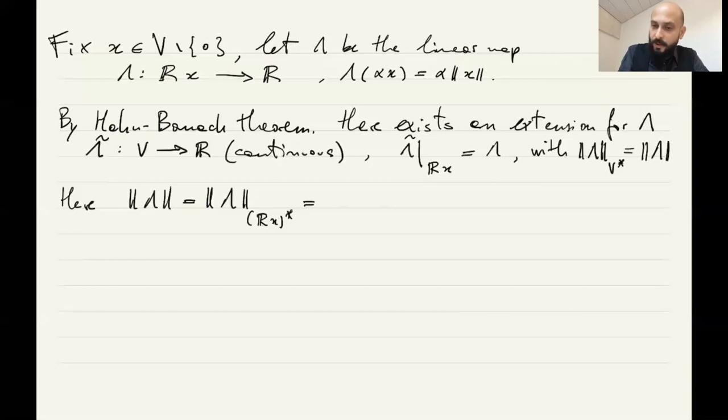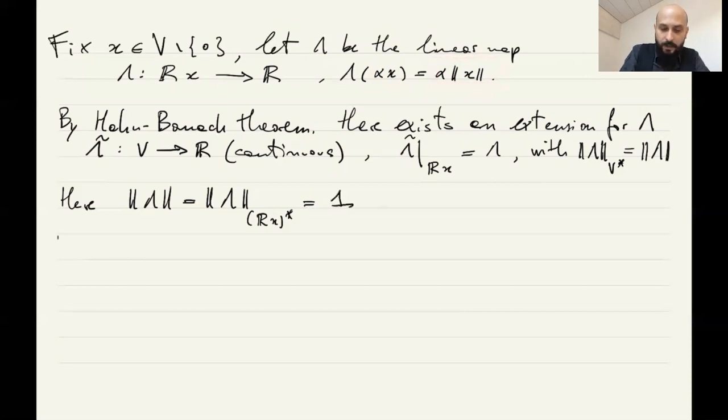If you take alpha in such a way that alpha x has norm 1, then the value is exactly 1. So lambda has norm 1.